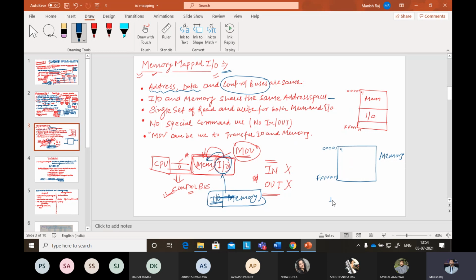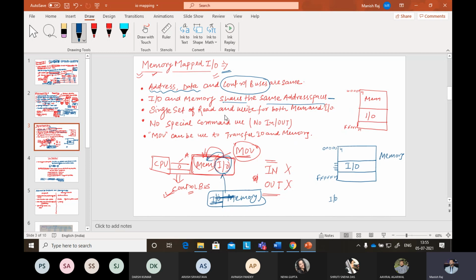Now I am saying IO devices also work as memory, so you have to put some area for the IO devices in the memory. So some addresses will be taken by the IO devices. So you can say there is no individual IO space present in this type of mapping, memory mapped IO. So IO and the memory share the same address space. Is it clear? I think.